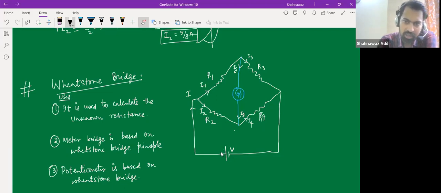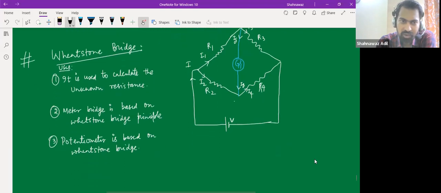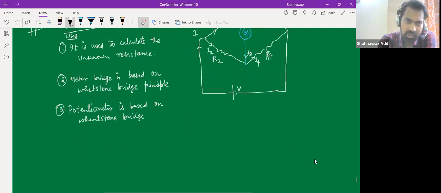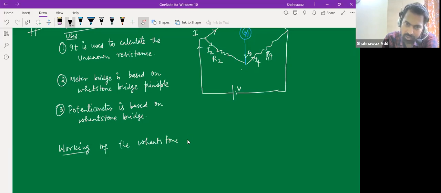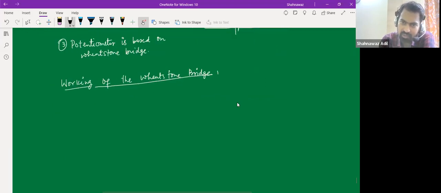Now, working of the Wheatstone Bridge. I will quickly write it. How does it work? First, let us write all the equations that we have.